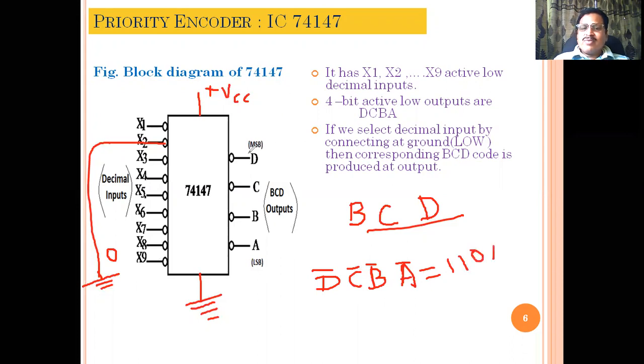Let's see how. We want 0 0 1 0 as the required output, but here D will be inverted as D bar since it is active low. So if D is to be 0 in active high, D bar comes to be 1. Then C is to be 0 in active high, with inversion C bar comes to be 1. B is to be 1 in active high, B bar will go to 0, and A is to be 0, it comes to be a 1.